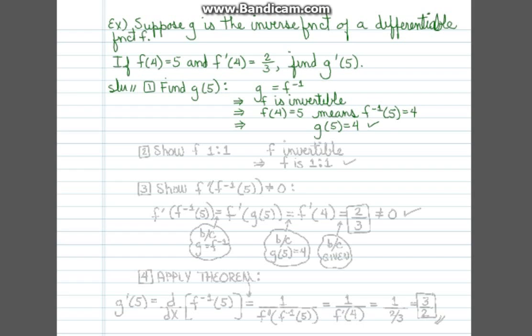Okay. So the next thing we want to do, step 2, before we use the formula from the text, is show that f is 1 to 1. Well, we already know that f is invertible from step 1, so let's say it. F is invertible. That's the same as saying f inverse exists. And if we know that f inverse exists, or that f is invertible, we know that f is 1 to 1.